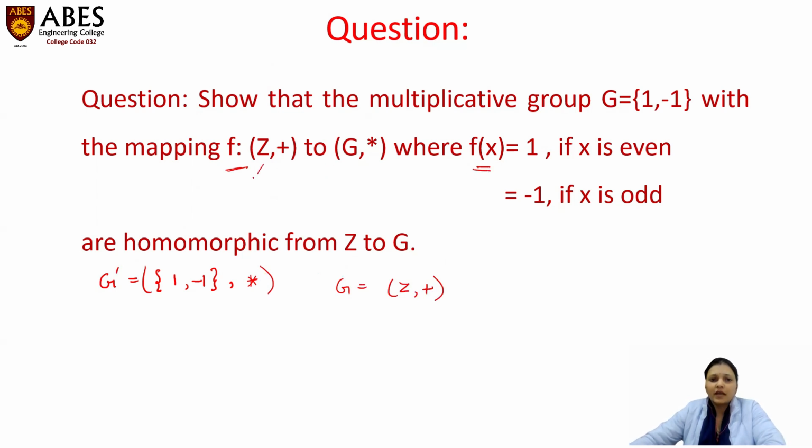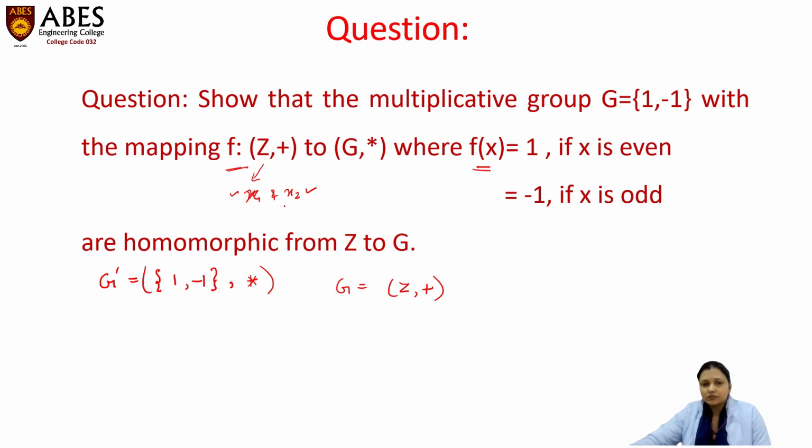So we have to take any two elements which belong to the first group. For example, I will take x1 and x2. For applying this function, there are four cases. The first case is both x1 and x2 are even. The second case is both x1 and x2 are odd. The third case is x1 is even and x2 is odd. And the fourth case is x1 is odd and x2 is even.